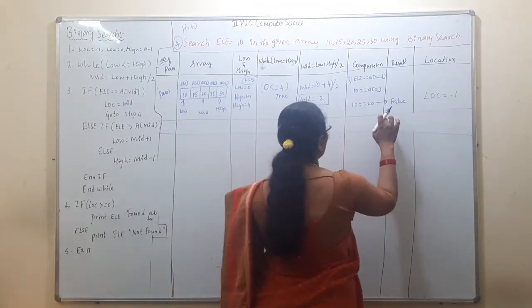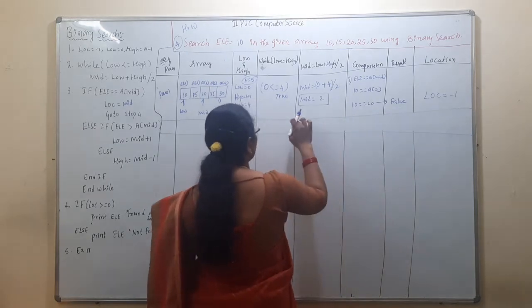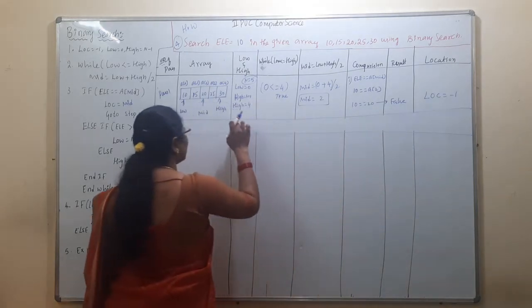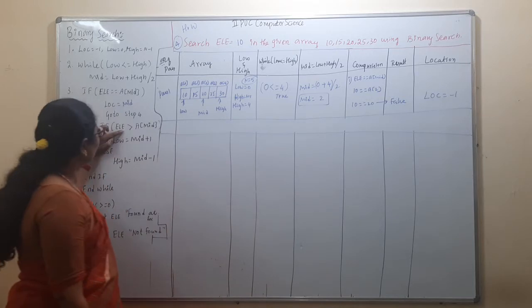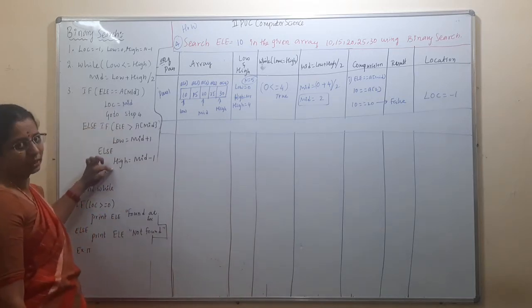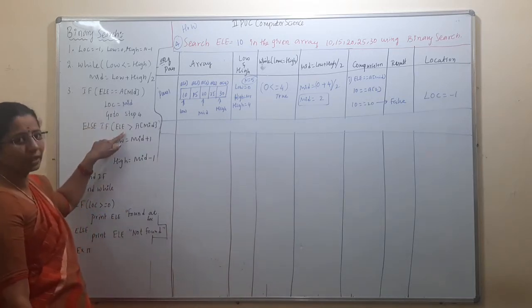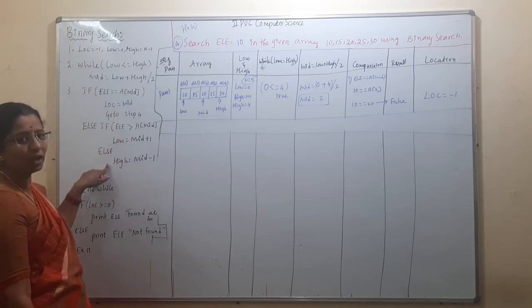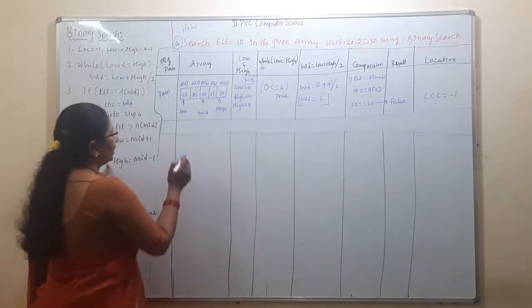So when it is not found in the first condition, I should check whether the element is greater than or less than. Is it greater than? No. Then we go for the less than condition.